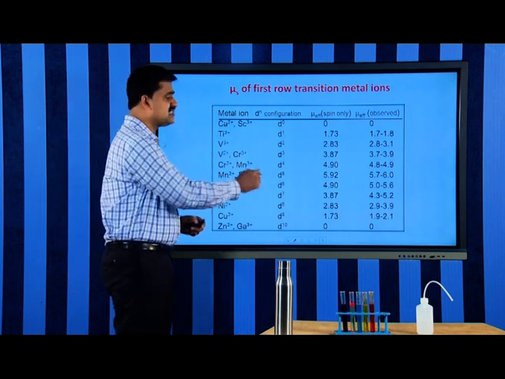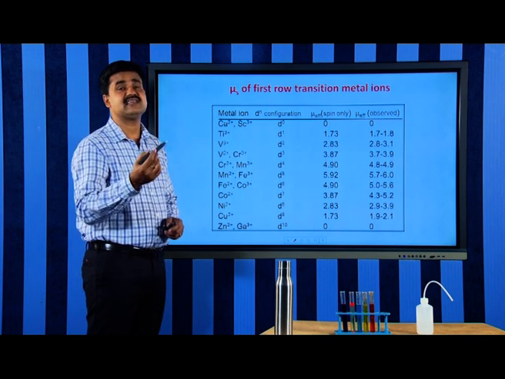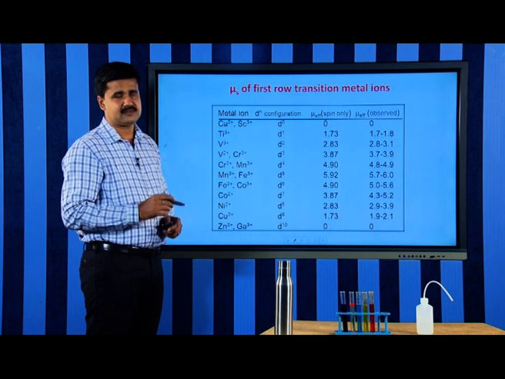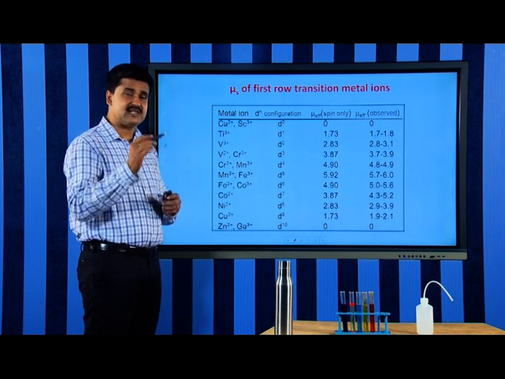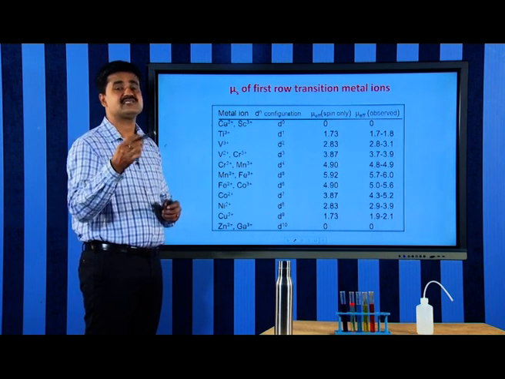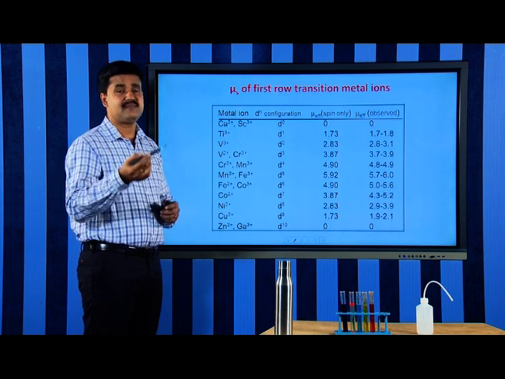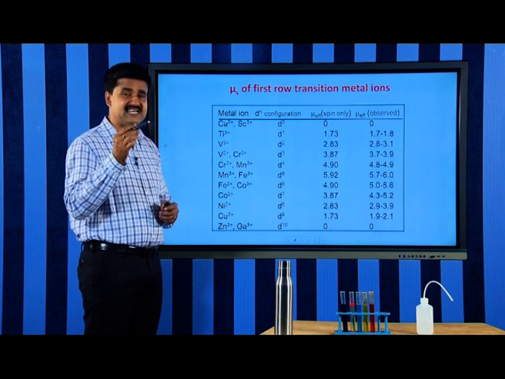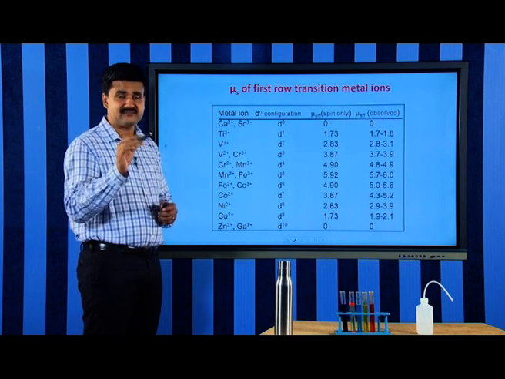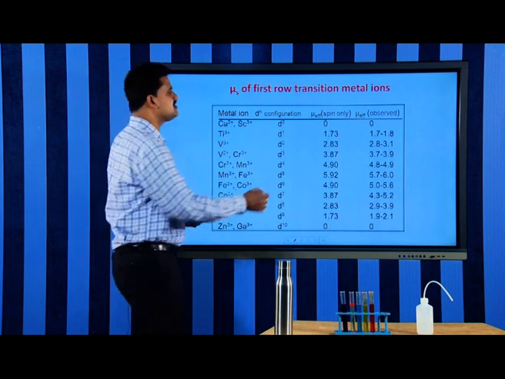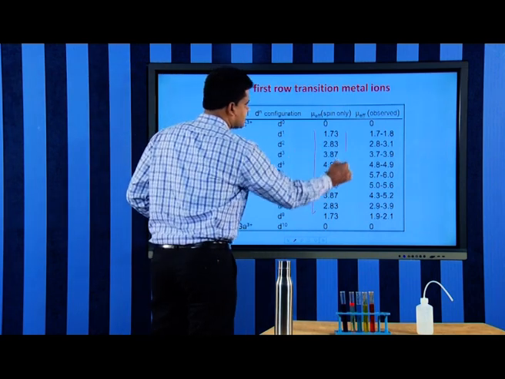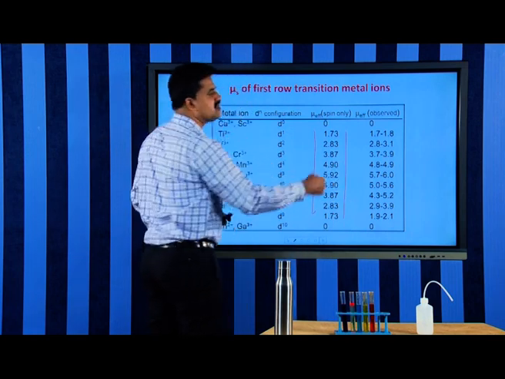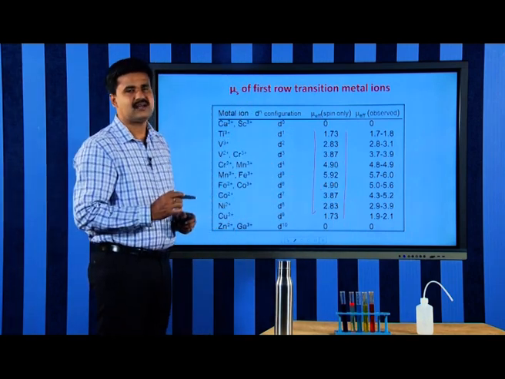But the observed magnetic moment may be slightly deviated from the calculated magnetic moment. The difference between calculated and observed moment is due to the fact that there may be orbital contribution. The orbital contribution is comparatively negligible when compared with the spin contribution. These are only spin components calculated. These are observed values. The slight variation between these two is due to orbital contribution.